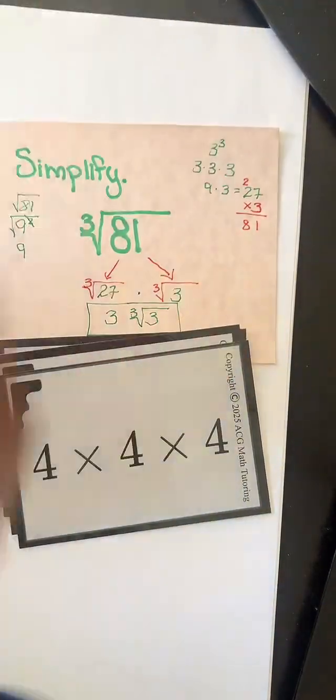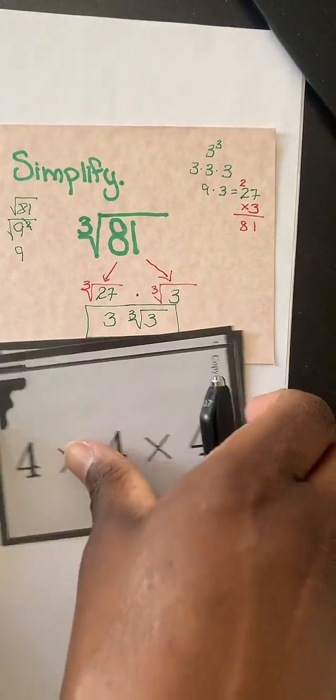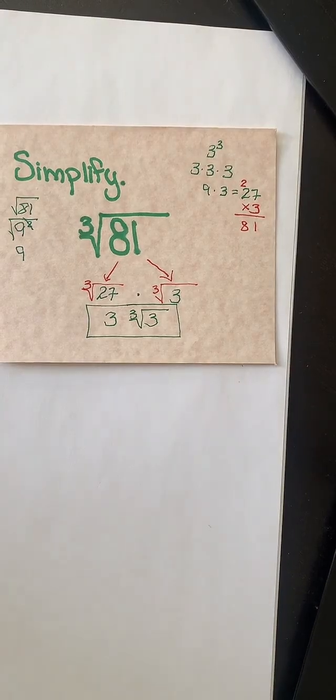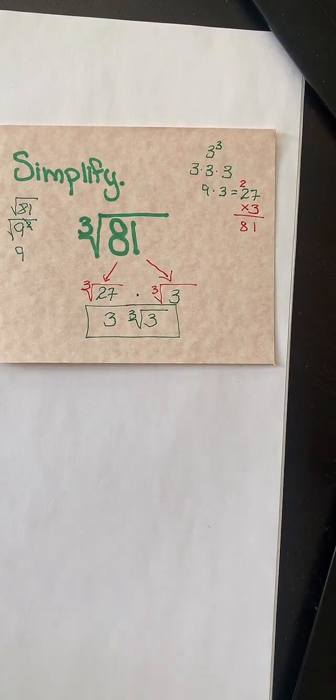So now rate this problem for me. Is it a 1, is it a 3? That was a little bit challenging, but definitely able to do it. Or was it a 5? Okay, we got 5s.